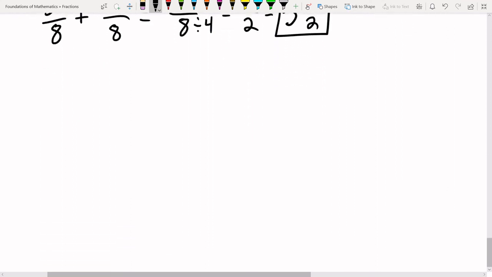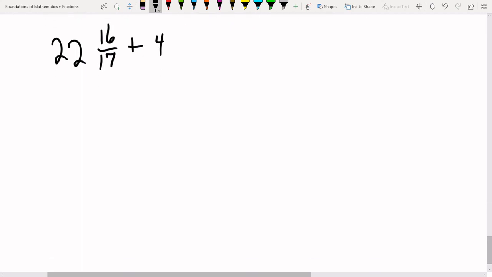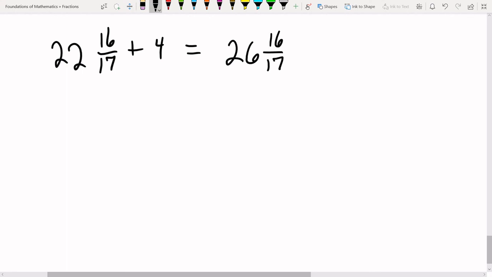Okay, let's look at 22 and 16/17 plus 4. So this way is actually fastest to just do the mixed number, because here we have 2 whole parts. 22 plus 4 is 26 and 16/17.